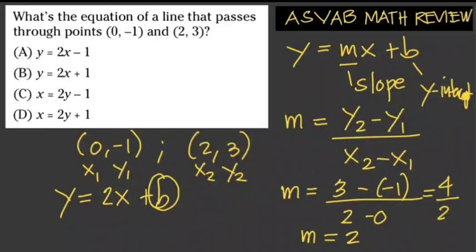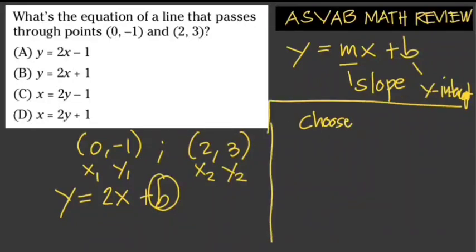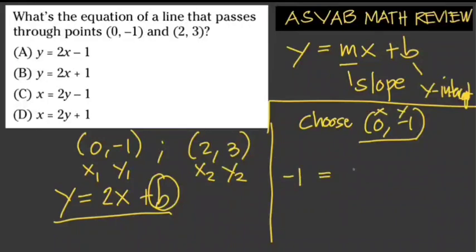So let's choose the point (0, -1). Let's plug in this point into this equation to solve for the value of our y-intercept, which is the b. So our y is negative 1 equals 2 times 0.